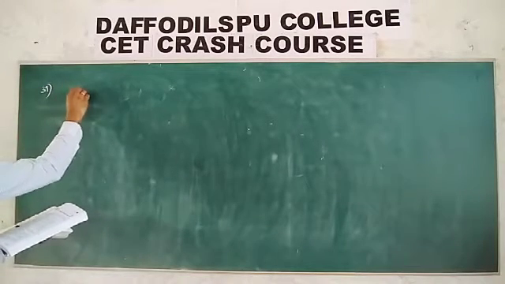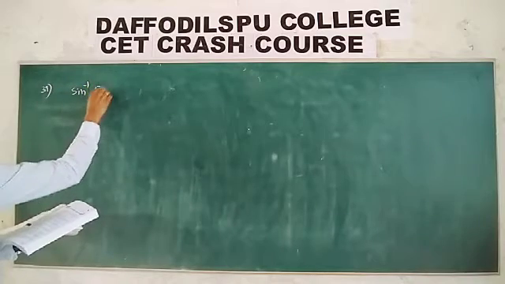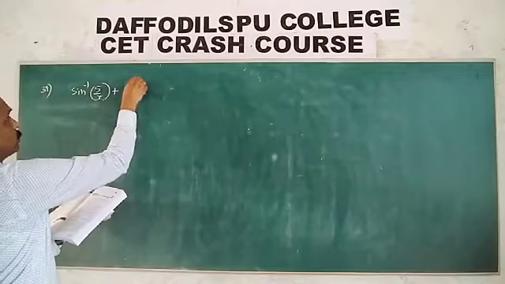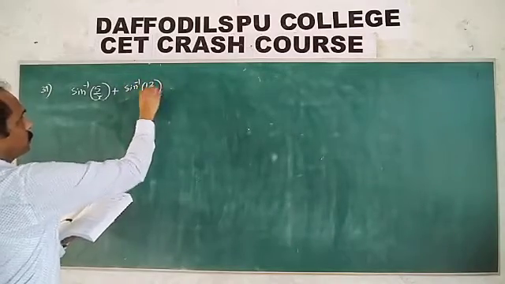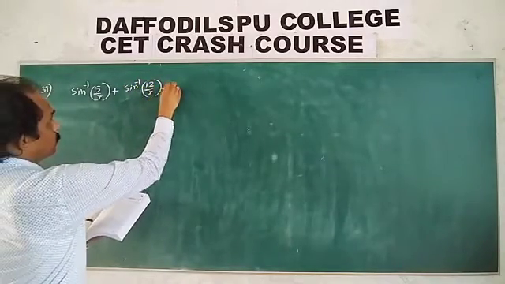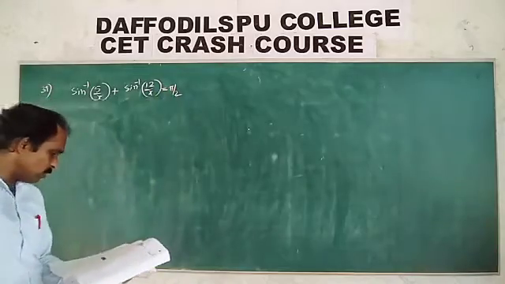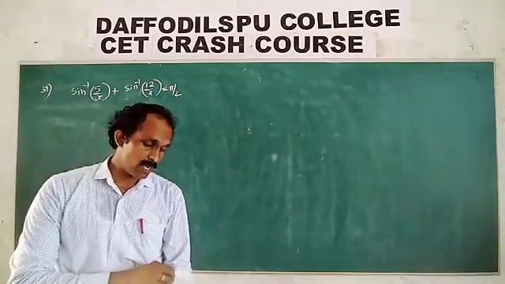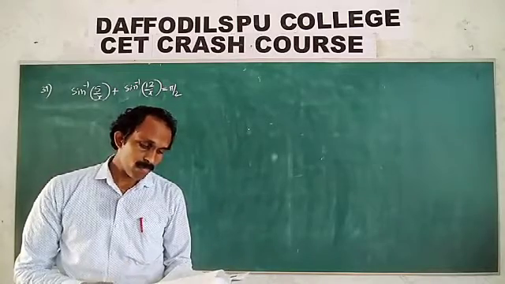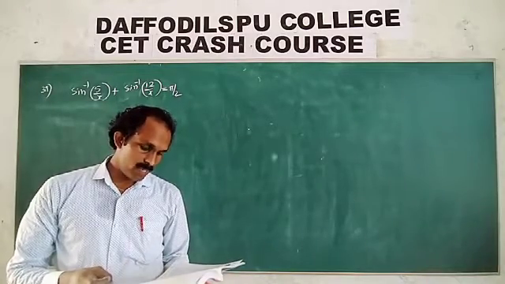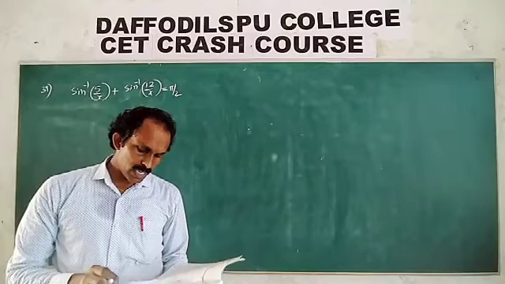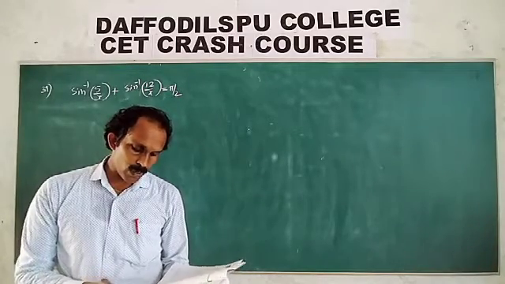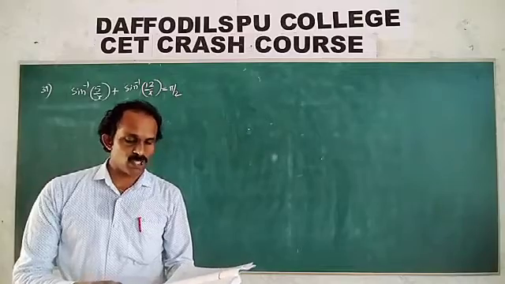39. Sin inverse 5 by x plus sin inverse 12 by x is equal to pi by 2. Then x is equal to? Use the given formulas in the synopsis. In the synopsis, if sin inverse x plus sin inverse y is equal to pi by 2, then x square plus y square is equal to 1.